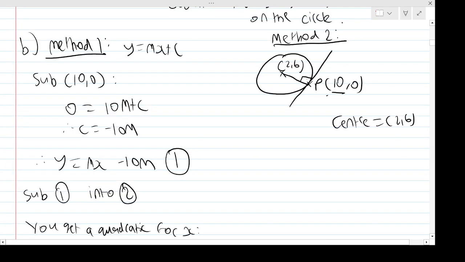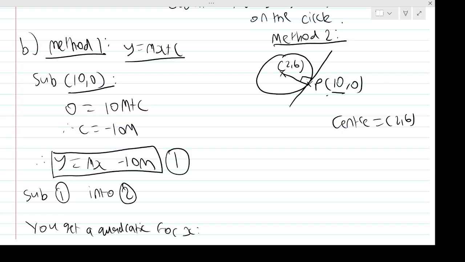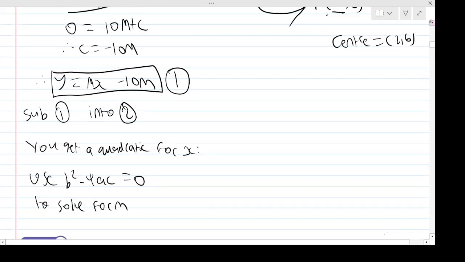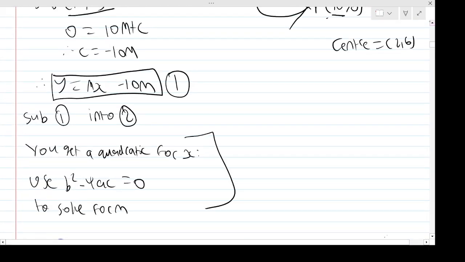You could, because you could substitute (10, 0) into y = mx + c to get the equation of the tangent, and then substitute that into the circle equation, and then do the normal process to find m. So then you consider the discriminant equal to 0. So that outlines the method.